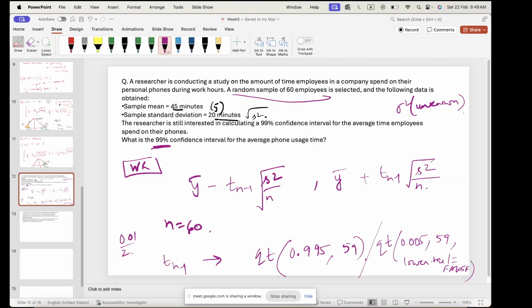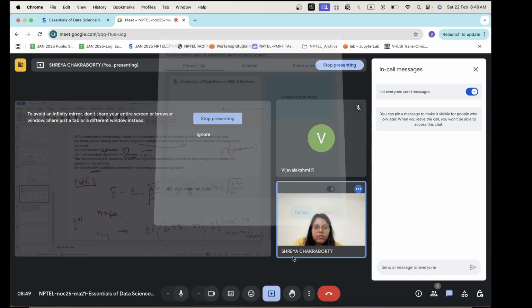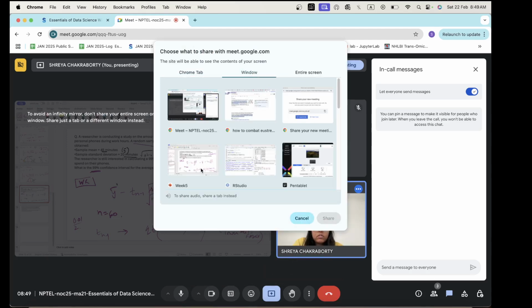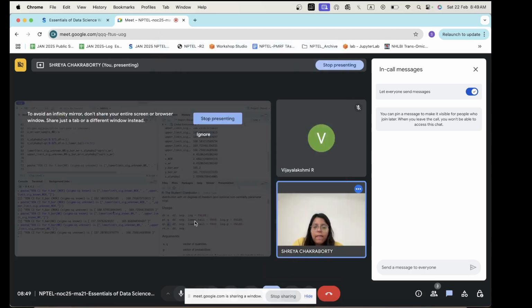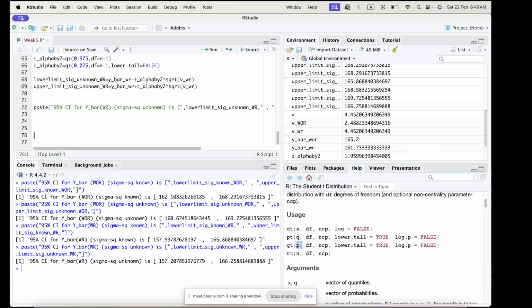So let us check this out. Here I wanted a 99% confidence interval, so I'm going to write qt 0.995, df would be 59, this is 2.66, or 0.005, 59, lower.tail equal to true.